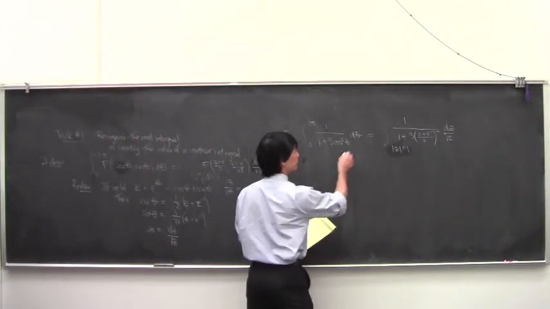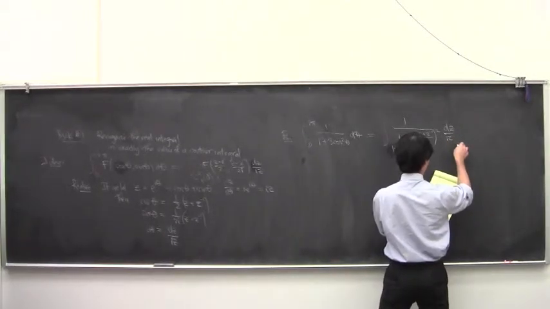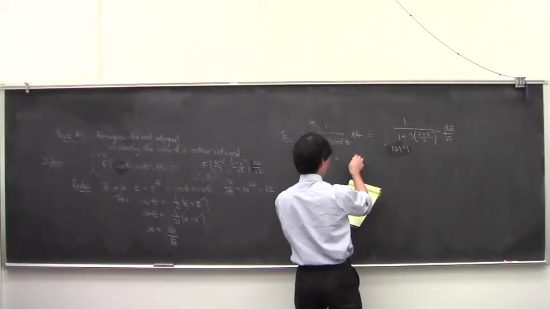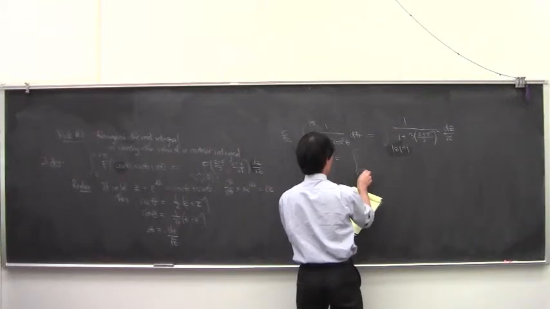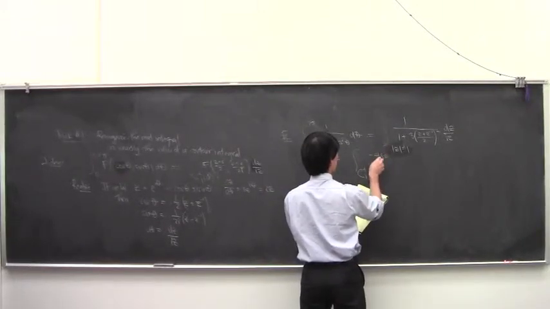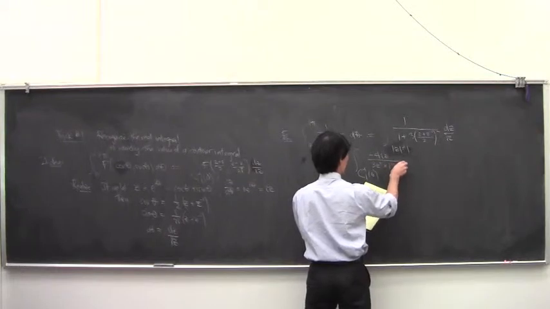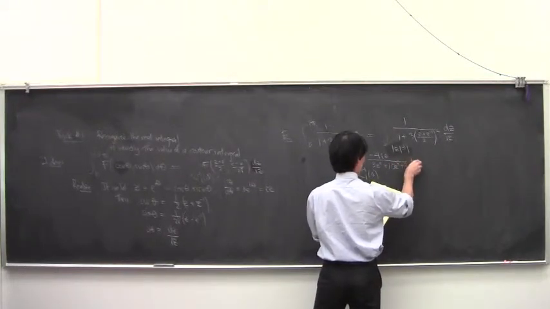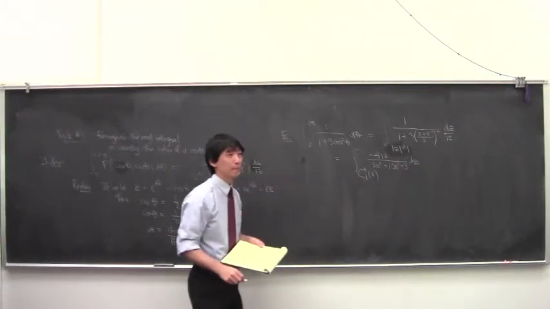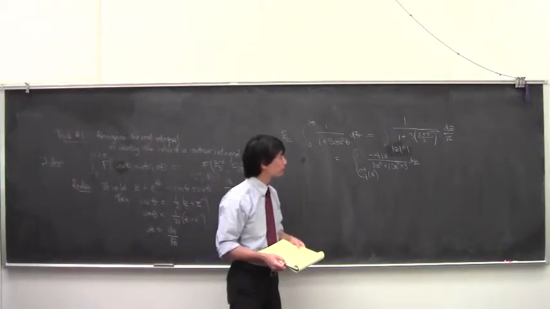If you work this all out and simplify, it turns into the integral of negative 4iz over 3z to the 4th plus 10z squared plus 3. So it works out to be something like this.